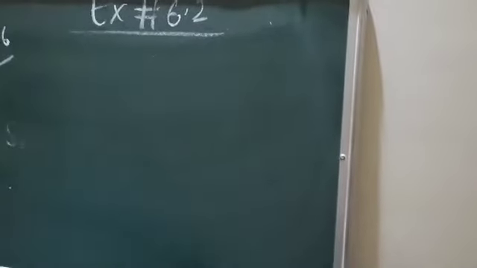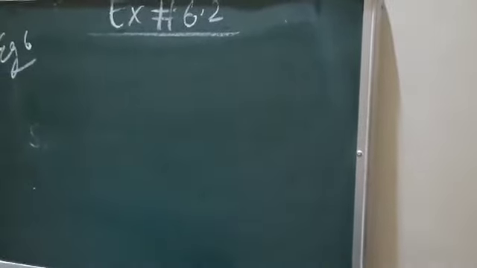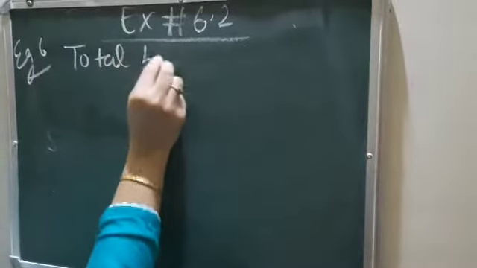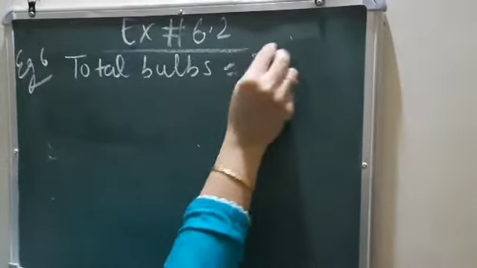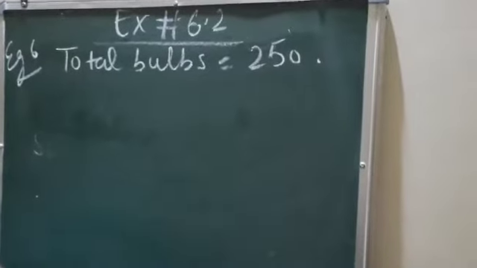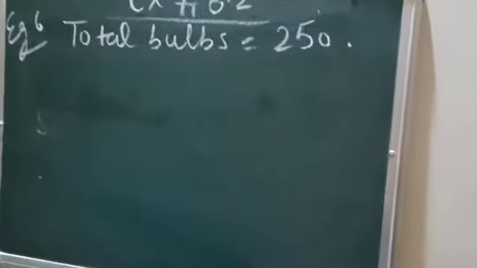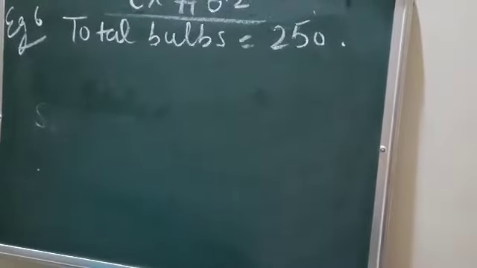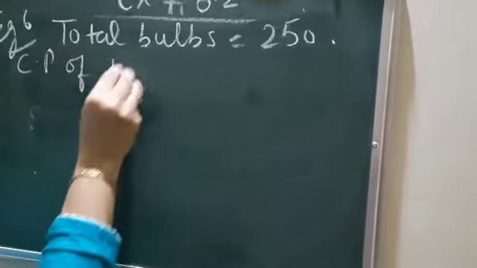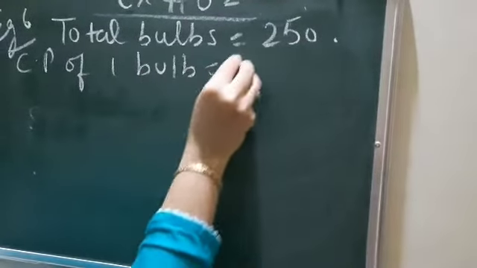Now how many bulbs has the shopkeeper purchased? He has purchased 250 bulbs. For each bulb he spent rupees 12, which means the cost price of one bulb is given to you. Cost price of one bulb is rupees 12.